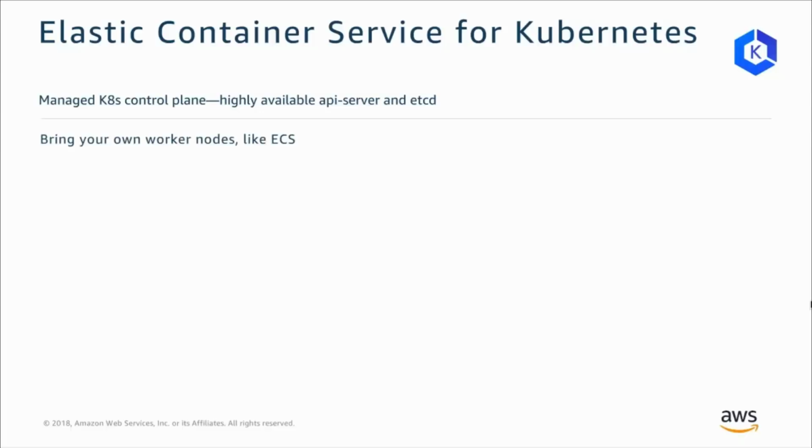If you're familiar with the ECS environment, EKS is a similar type of implementation, in which you can bring your worker nodes into your EKS cluster and manage your EKS clusters that way.